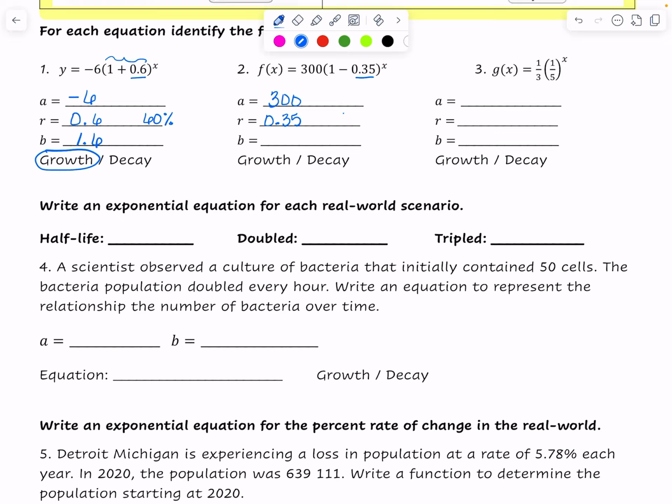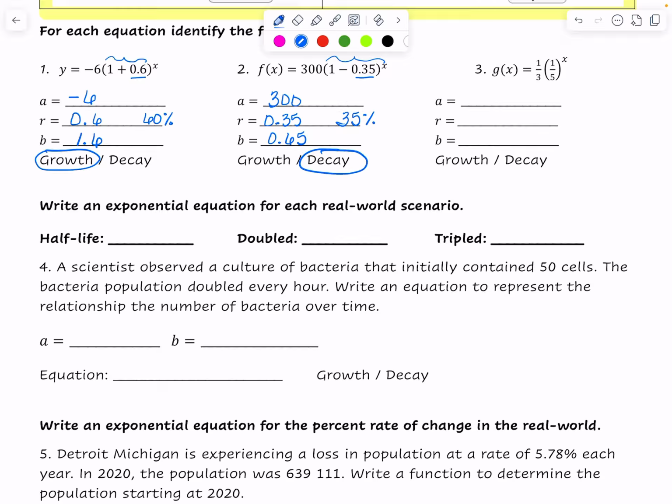So 0.35 written as a percent will be 35%. Now when I combine them together, 1 minus 0.35, I get 0.65. And because 0.65, or 65 hundredths, is between 0 and 1, this one is a decay.